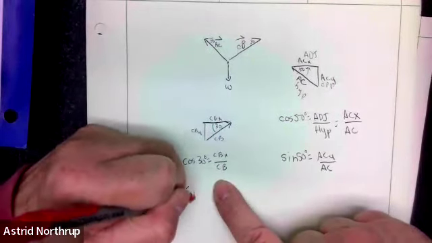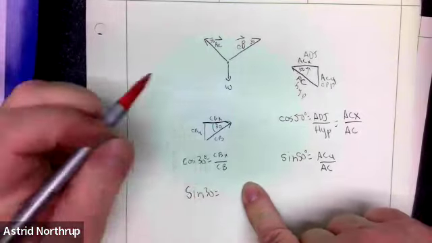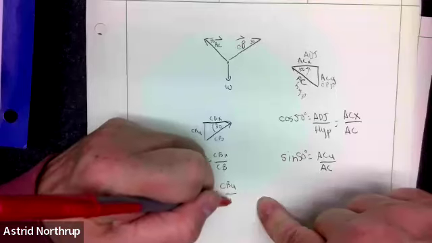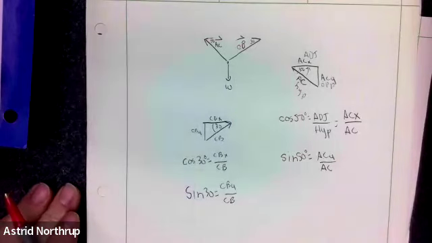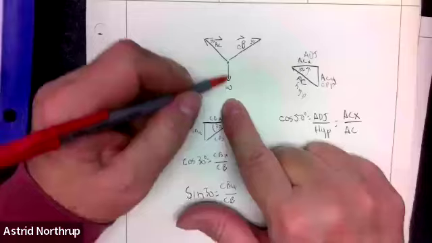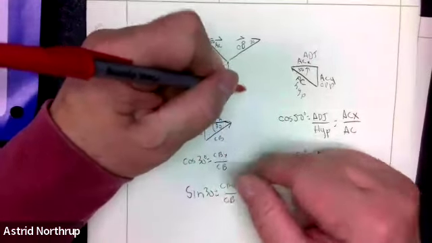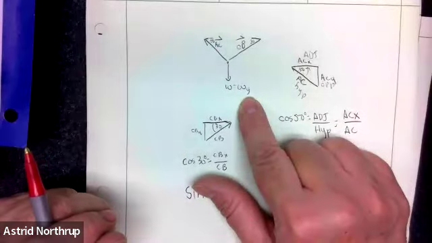And the sine of 30 degrees is equal to CBY over CB. All right, now, what about my weight? My weight is vertical, so my weight is just my weight in the Y direction. That's all I have.